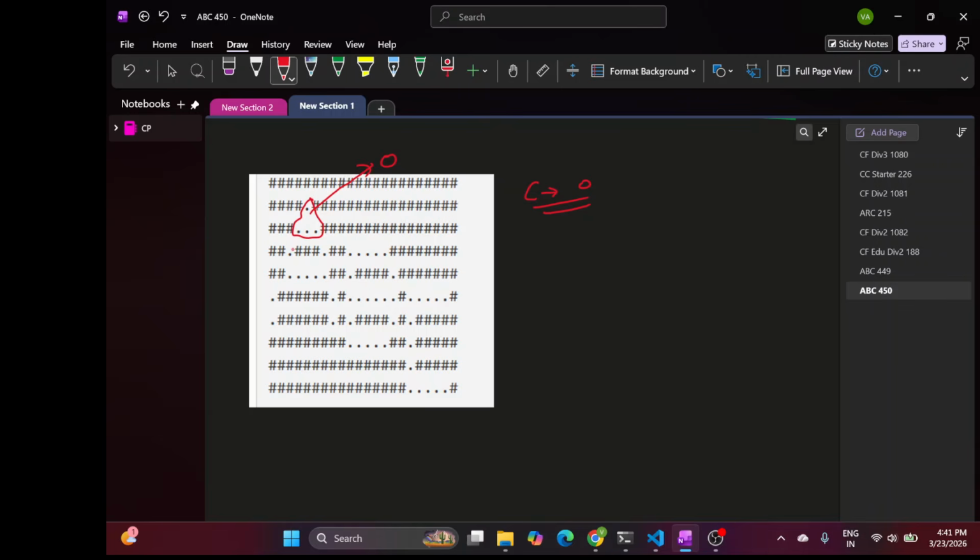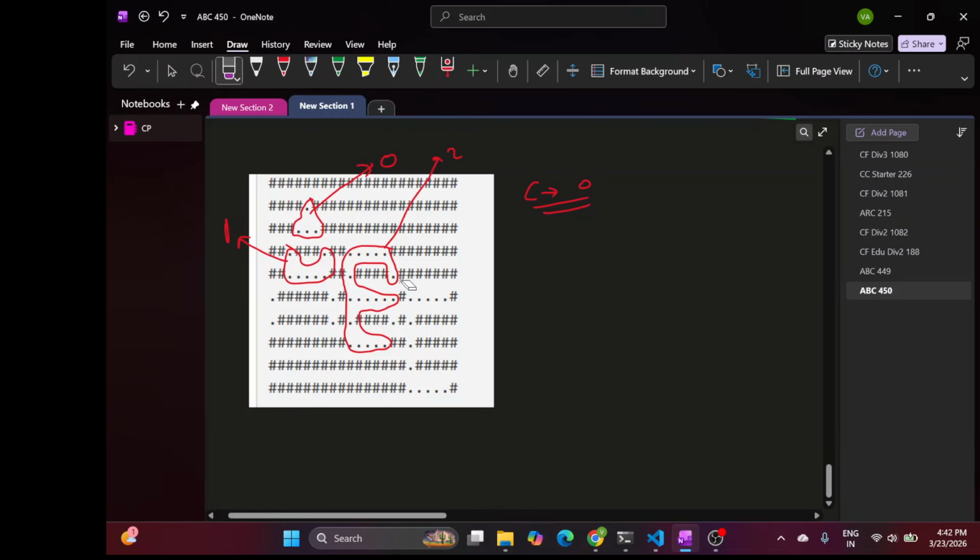And then we will get this cell, so we'll get this component as 1. Fine. After this, we will get this component, and this is basically 2, right? Actually, it is better to draw this.